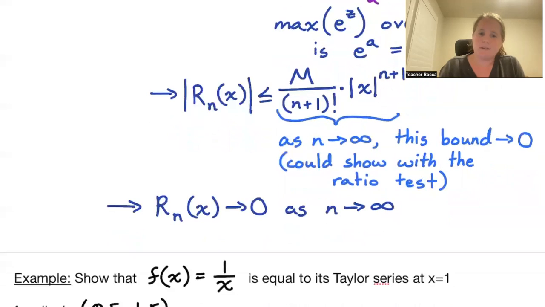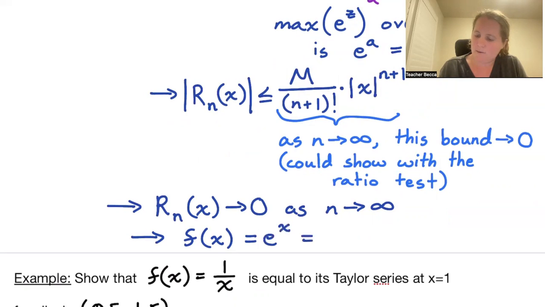And that therefore tells us that f of x equaling e to the x is equal to its Taylor series or Maclaurin series, the sum from n equals 0 to infinity of 1 over n factorial times x to the n.